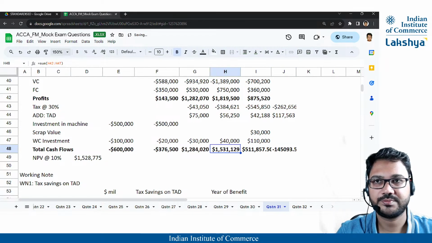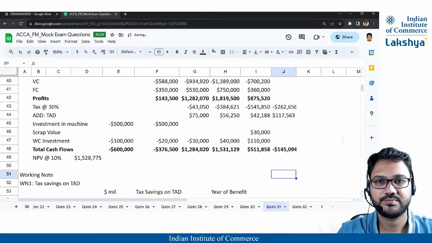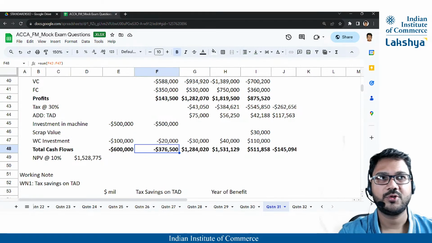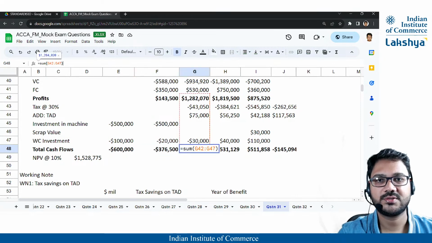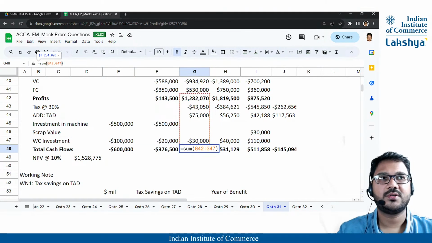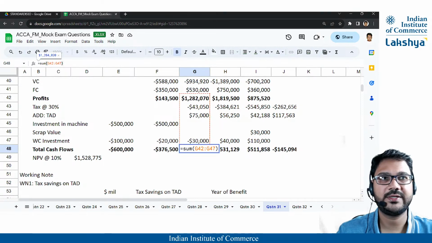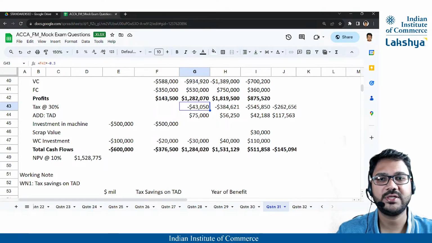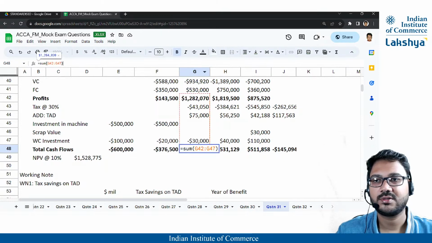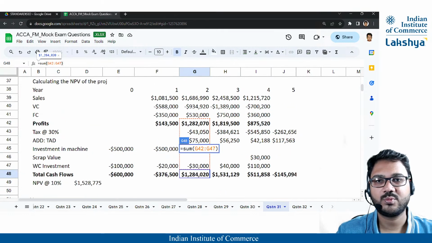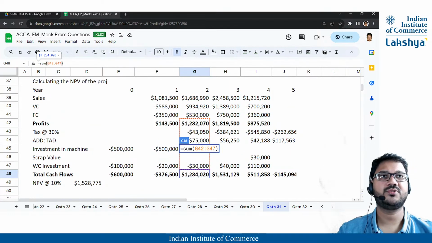Sorry. Okay, 376. 30,000 outflow, 75,000 inflow added, tax 43,058, and profits of $128,000.